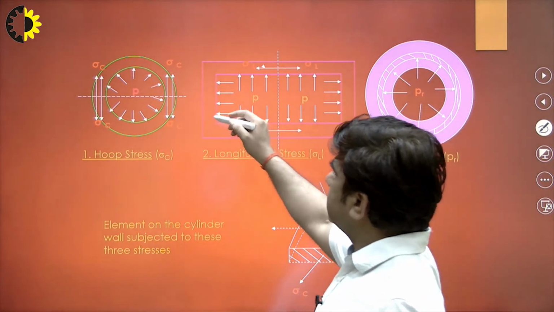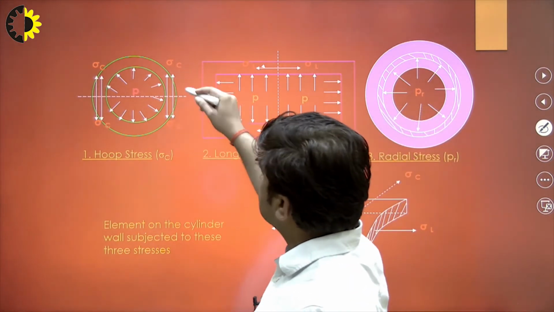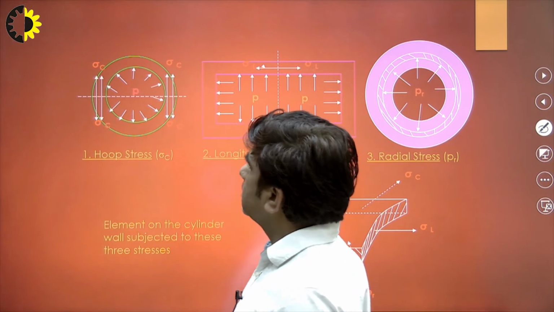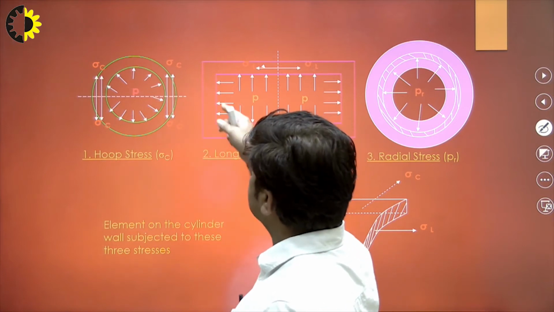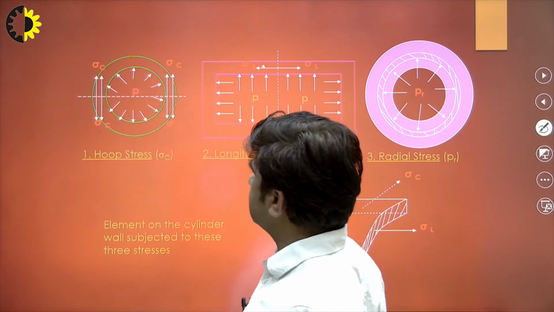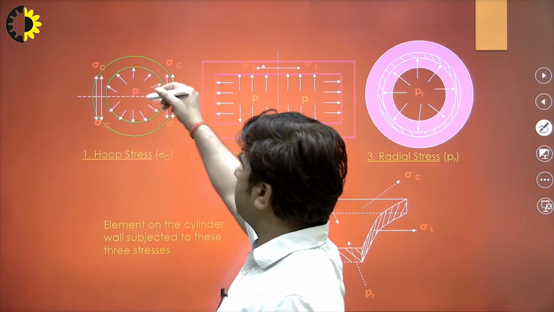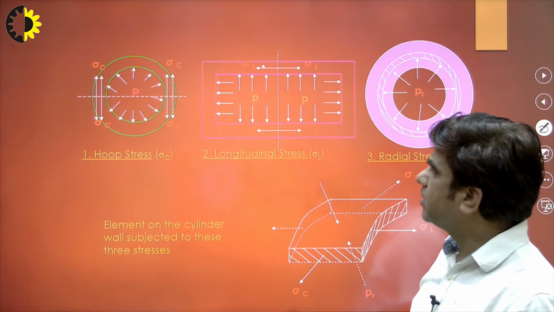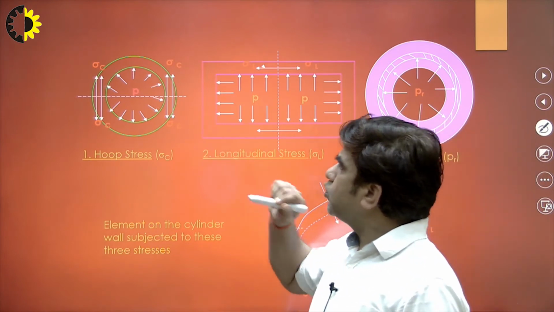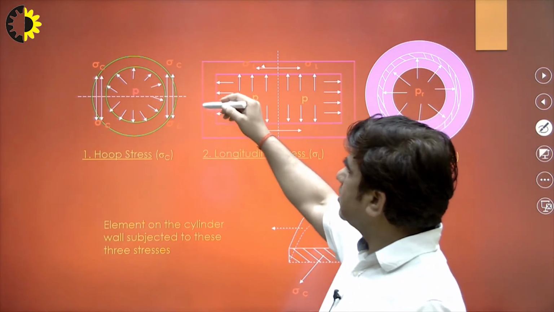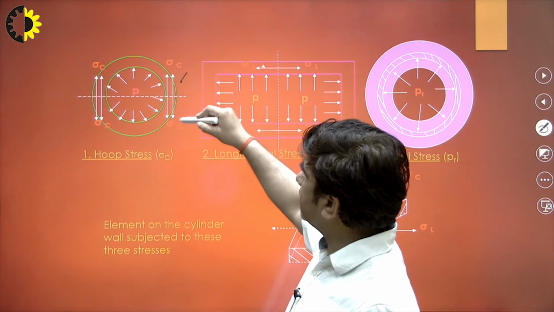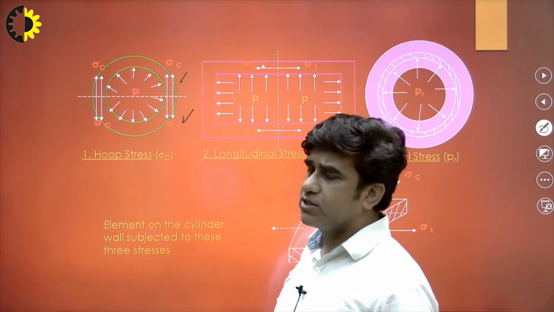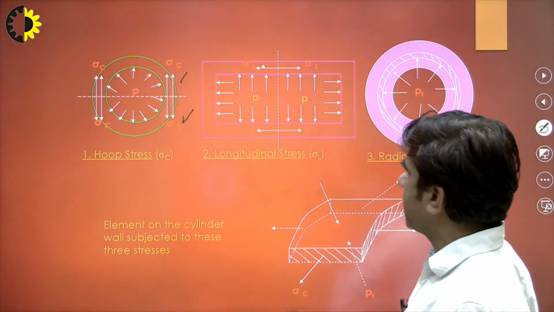Now, this is the diagram. Suppose this is a cylinder whose cross section is given. It is a hollow cylinder and fluid has been kept under pressure inside the cylinder. How the hoop stress will arise has been shown here. This is the direction of hoop stress induced.